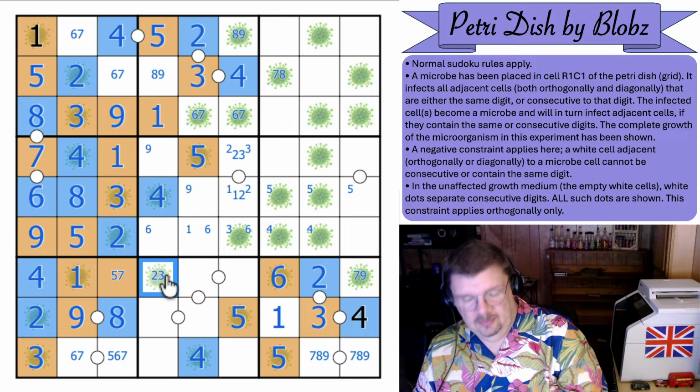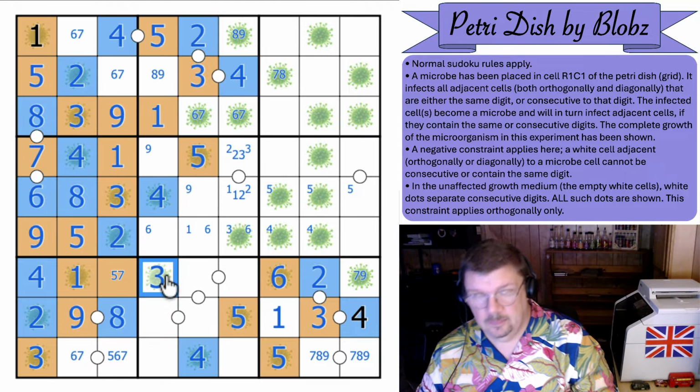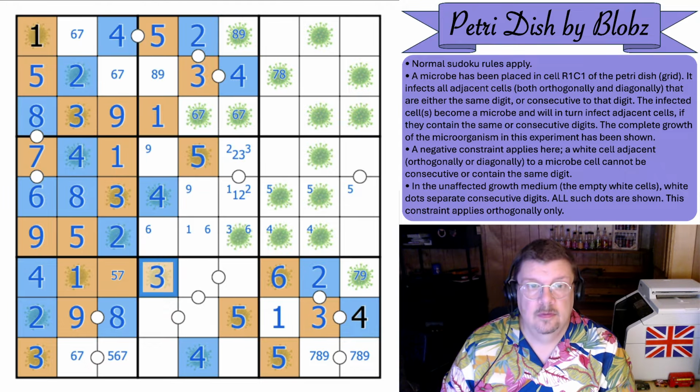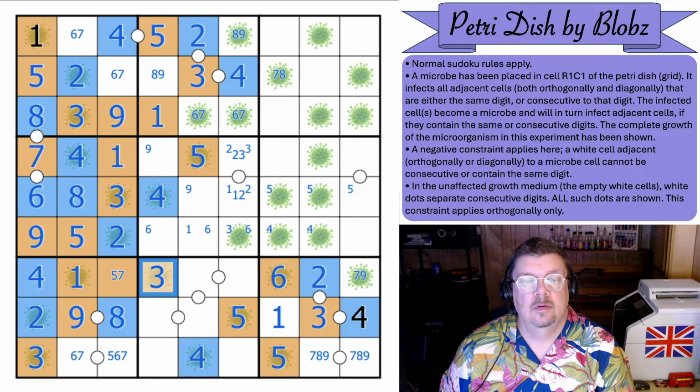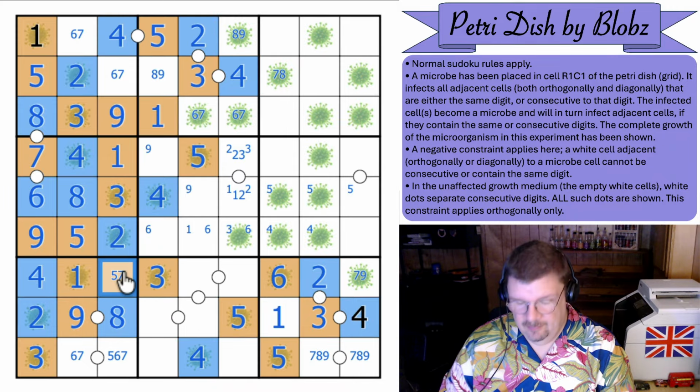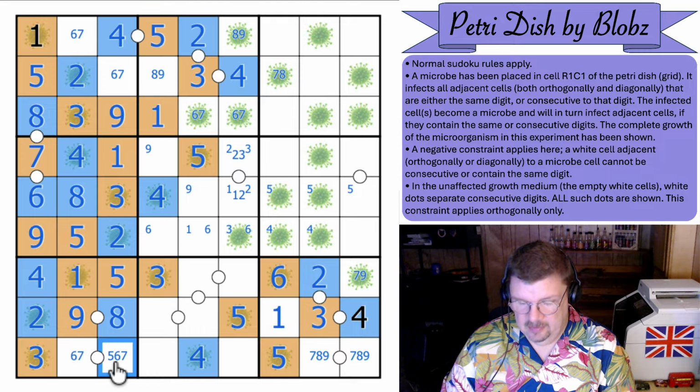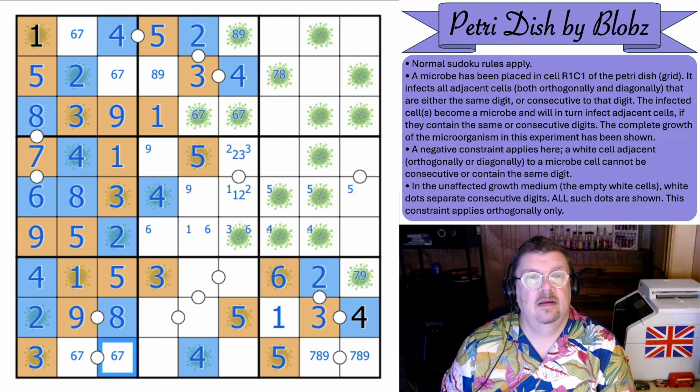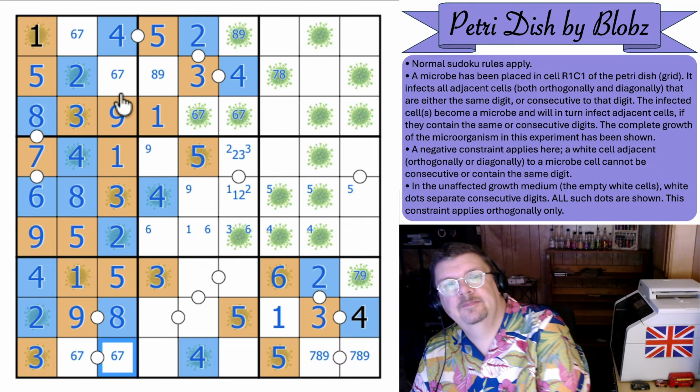That 2 makes this a 3. That has to be a 5, and that is a 6, 7 pair, and I do not know the order of that just yet.